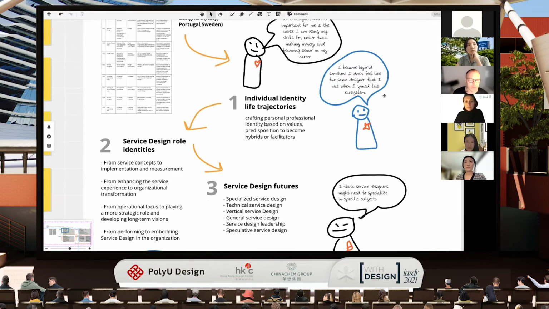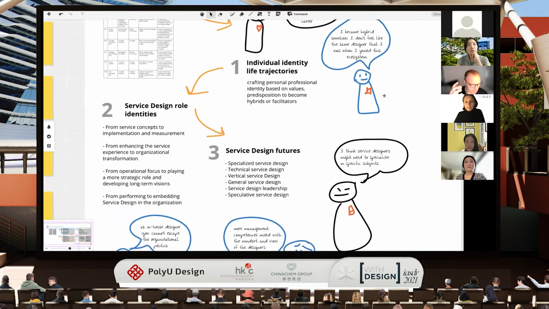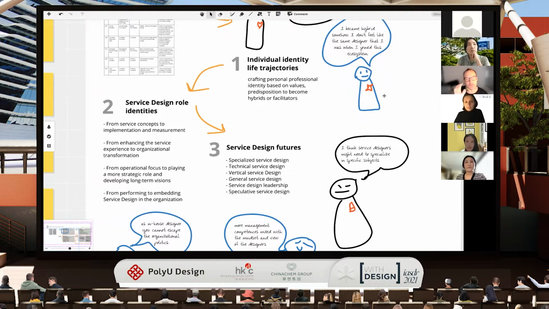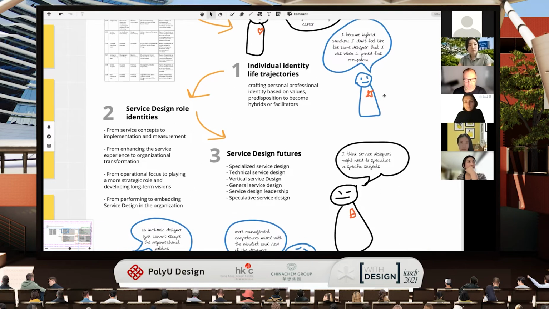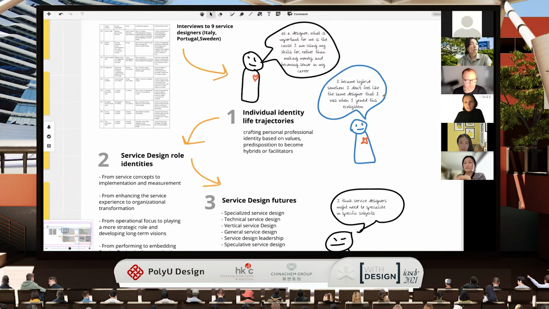And here are three, let's call it, it's not deep dives, right? But it's three examples of things that we saw in this interview study, and it has to do with the individual identity life trajectories. So the way that they themselves as individuals, as persons, saw that they would like to make their role develop depending on what they thought was important and what they want to become and what they saw happened in the organizations where they were.